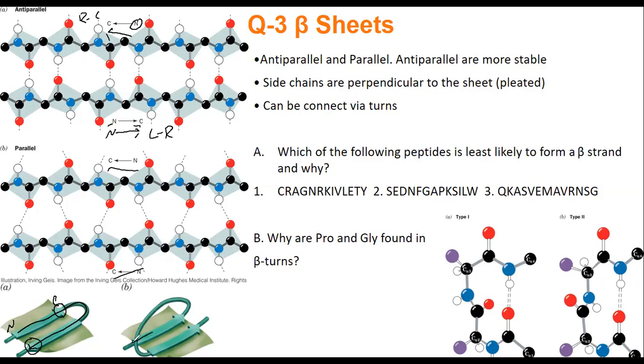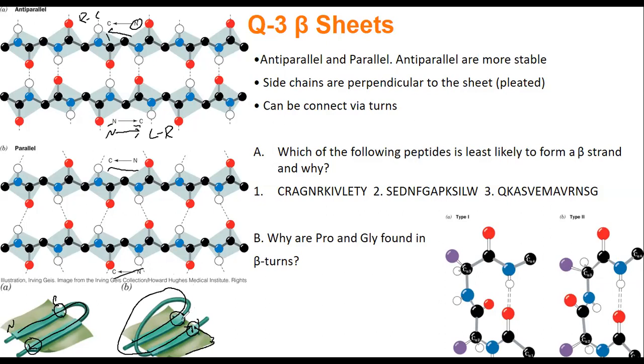While in parallel, you need some kind of connection to loop back around. So my arrowheads are going in the same direction now. If we think about our sheets being on a plane, as shown here, our loop has to go above that plane, or below that plane.